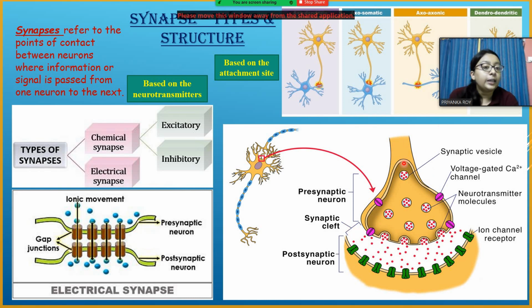You can see here that there are little vesicles which contain the neurotransmitter molecules. And these are voltage gated calcium channels. Because of calcium influx, the neurotransmitter molecules get released in this area, and from here the signal is transmitted to the next neuron.